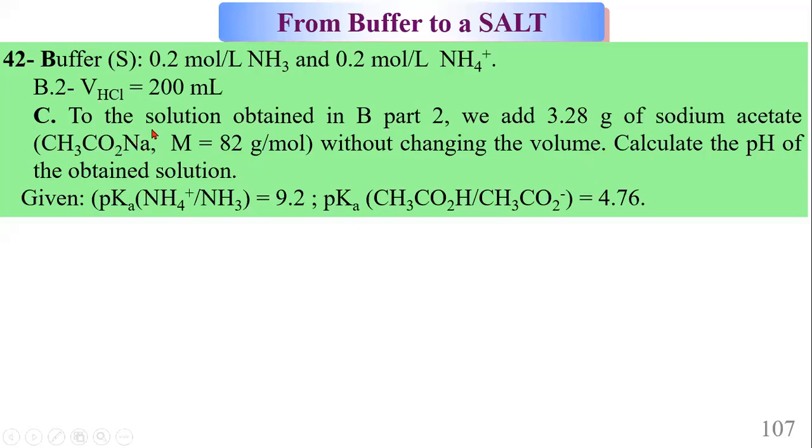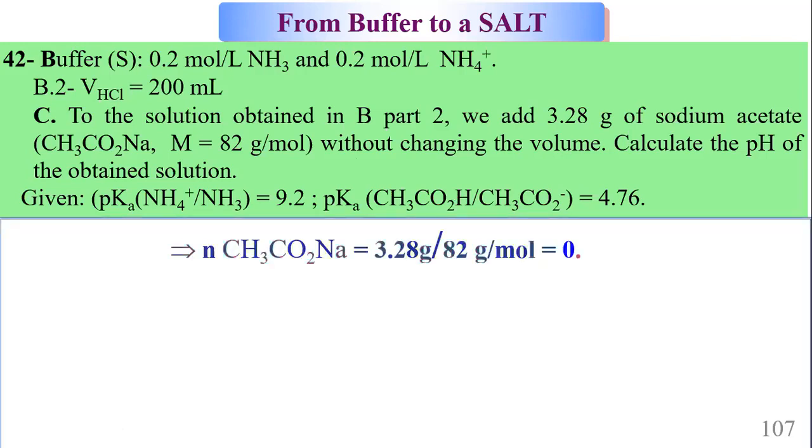Again, the sodium is simply removed, which means that I'm adding acetate ion. They gave you the molar mass, without changing the volume. So we had no change in volume, and the total volume obtained in part B was 300 mils. Calculate the pH of the new solution obtained.